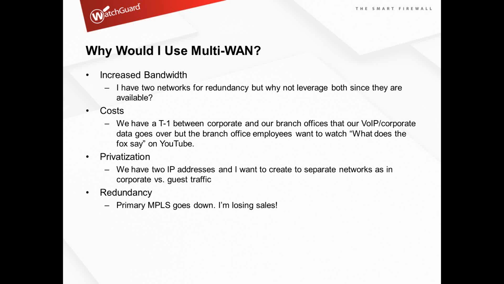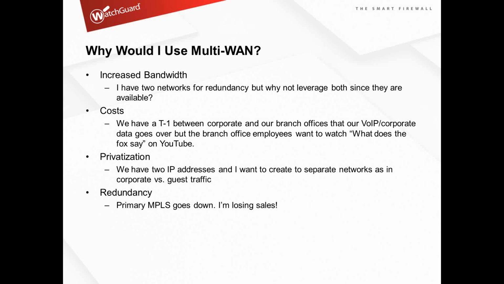But in the event that you wanted your employees to have a little more freedom on their browser, or want them to entertain themselves on YouTube, you can set a policy so your branch office employees go over the Comcast connection or a cheaper connection to get to those traffic-intensive applications, while saving your T1 connection for maybe latency-sensitive VoIP traffic that is going to be affected by latency issues.